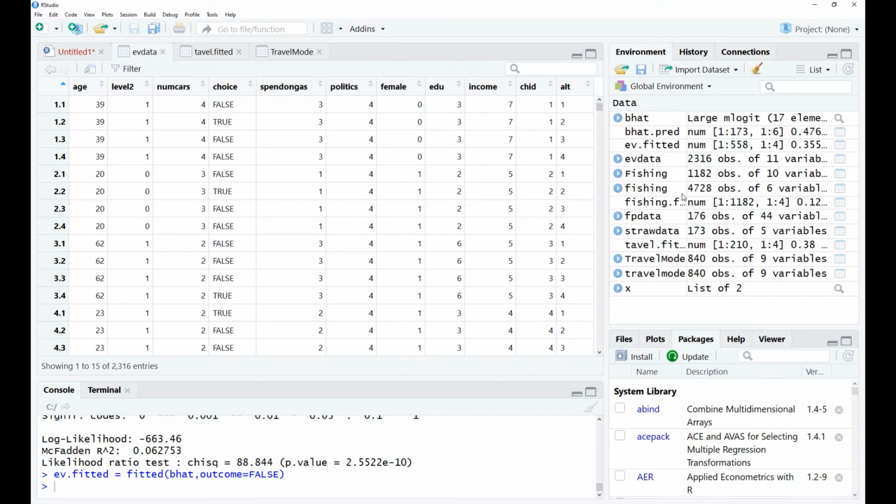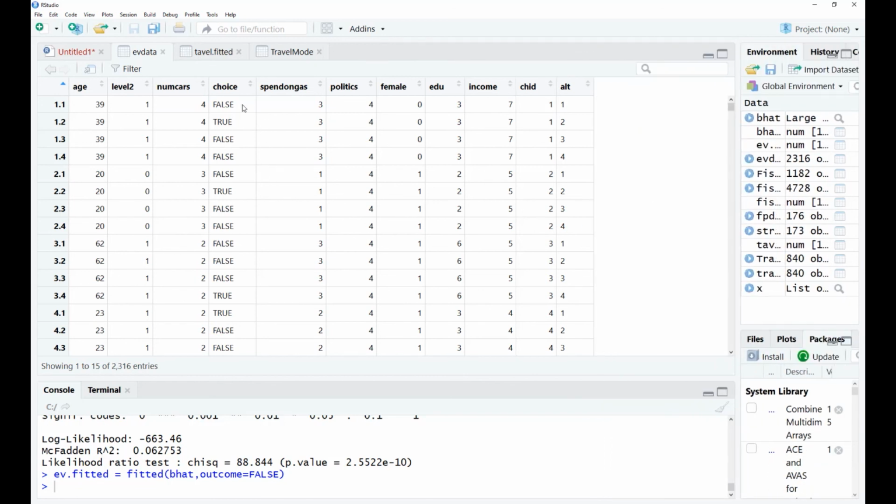So note that, for example, the first two individuals both picked a hybrid: individual 1 picked a hybrid, and individual 2 picked a hybrid as well.